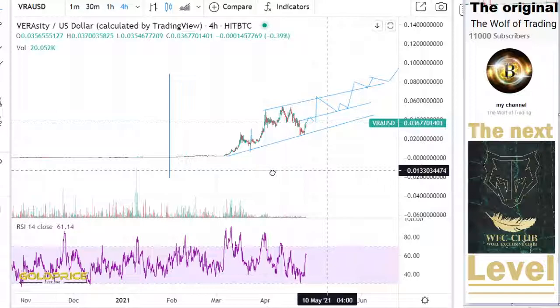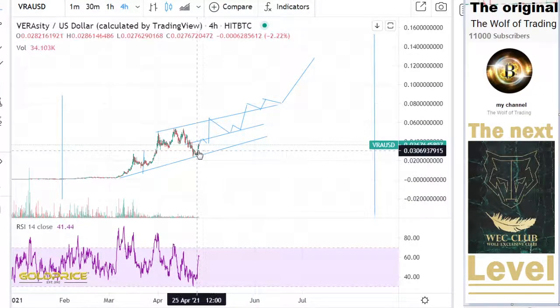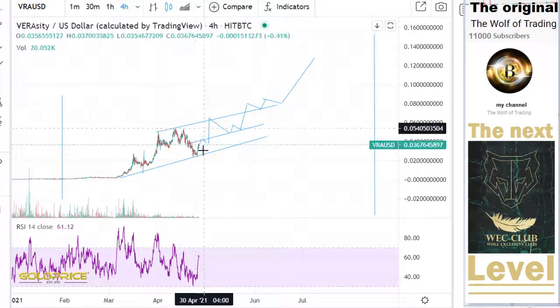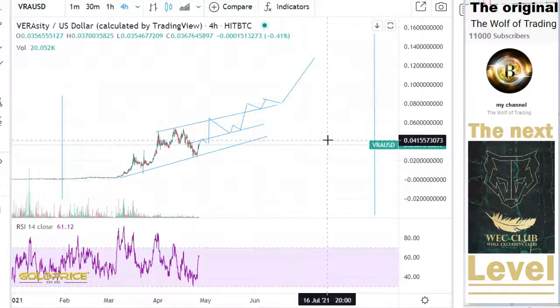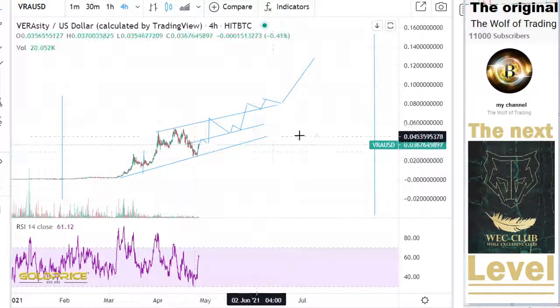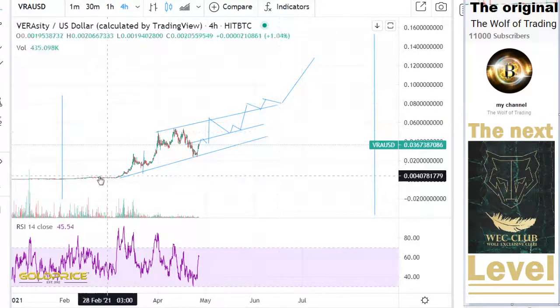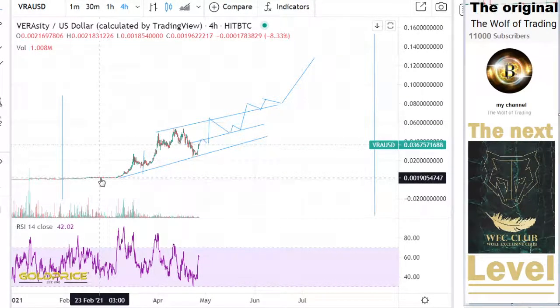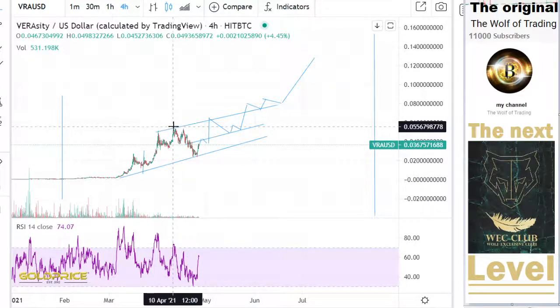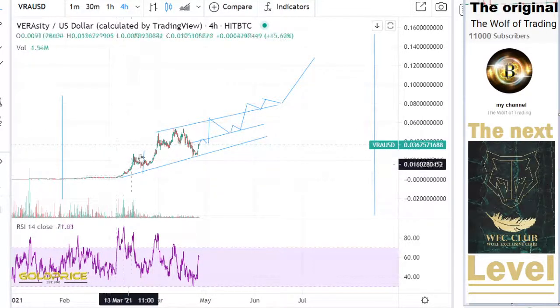If the same happens here from April to August, these are also 4 months. So think about this: in 4 months we went from 0.001 to 0.005, 15 times or 20 times to the top side.